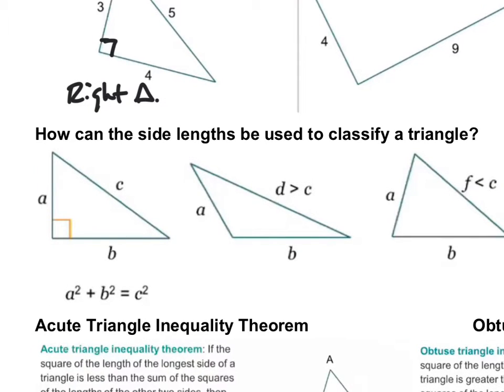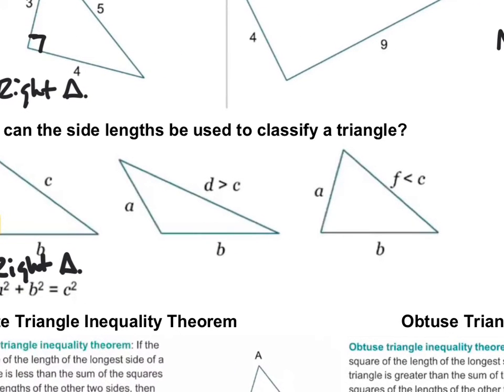Now on the other one, if I take a squared plus b squared, notice that the third side is much longer than c.